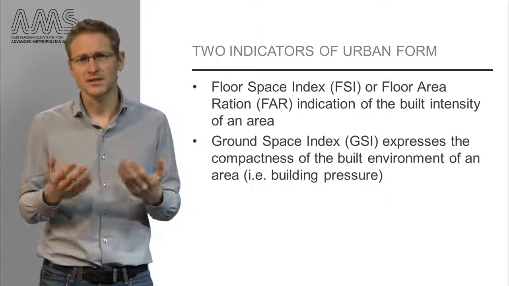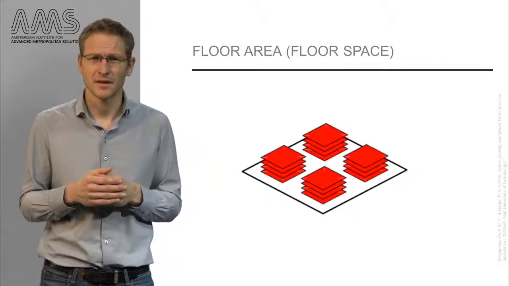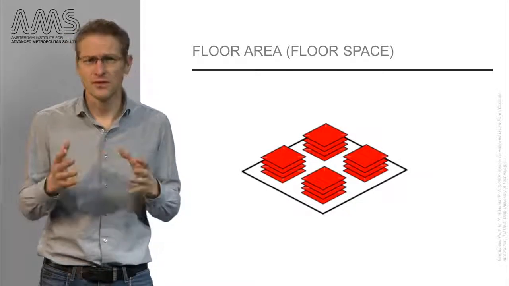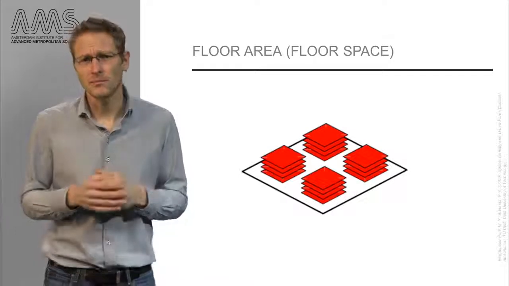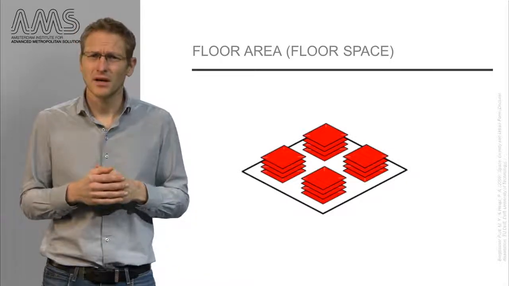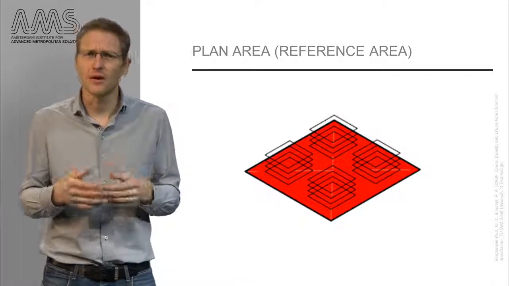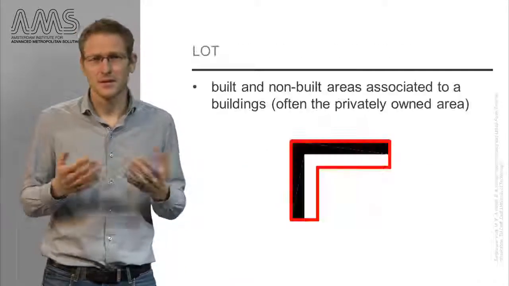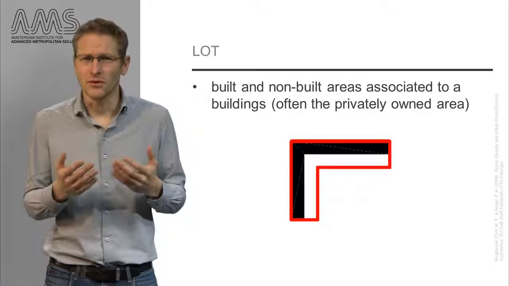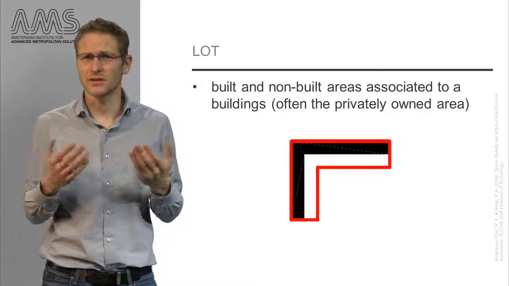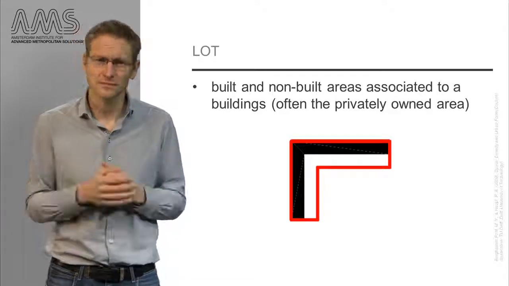Let's look at how these indicators are calculated. We first need to understand three key variables. Firstly, the floor area, or the sum of the space available at all stories of a building. Secondly, the plan area, or the reference area. This can be privately owned built and non-built areas associated to a building, such as the property on which a building is built, the so-called lot.